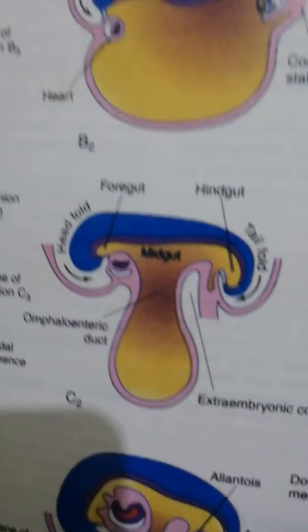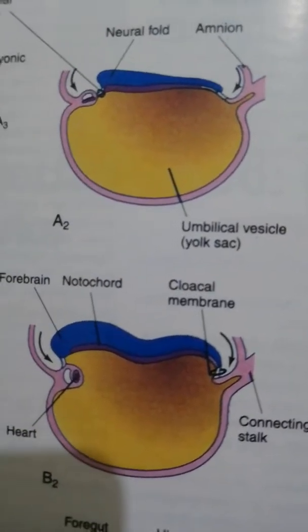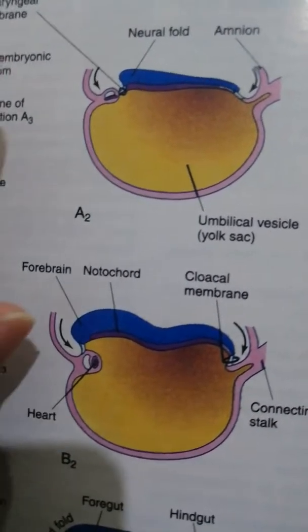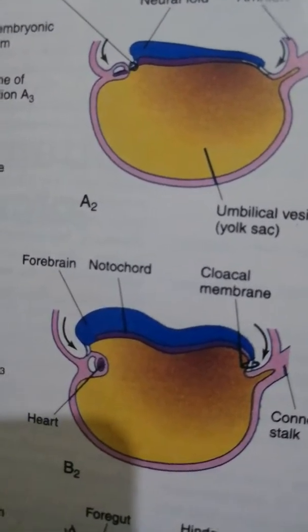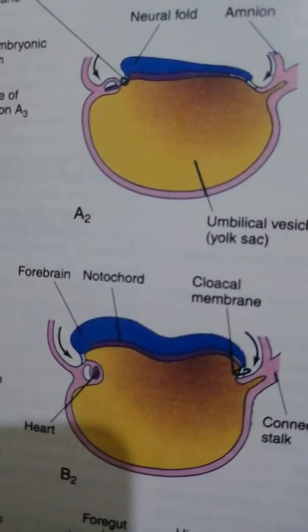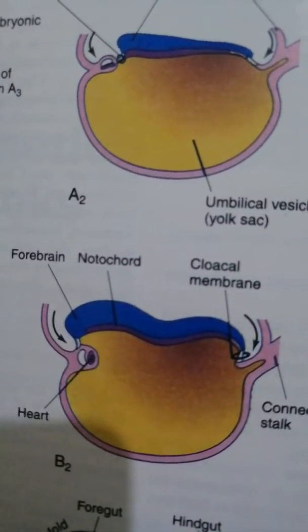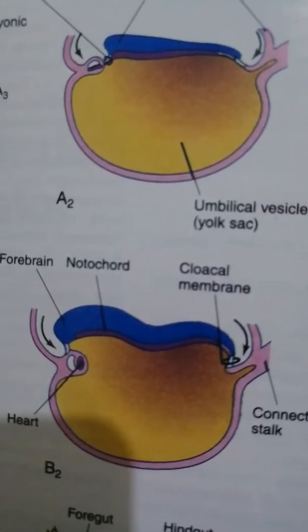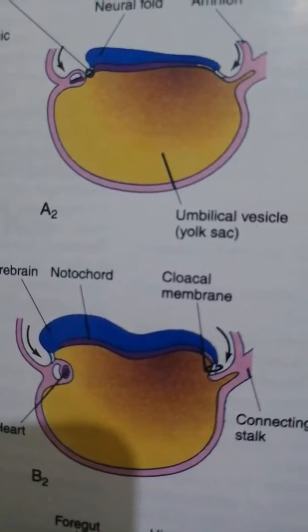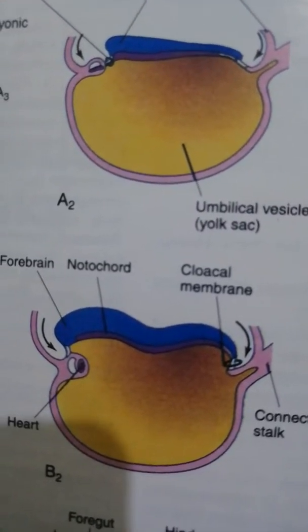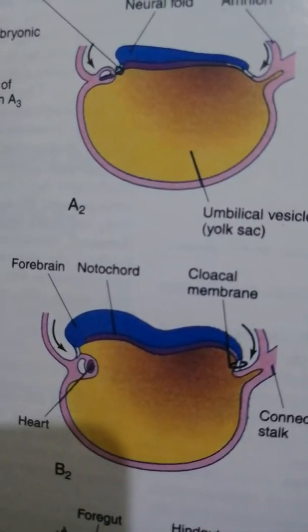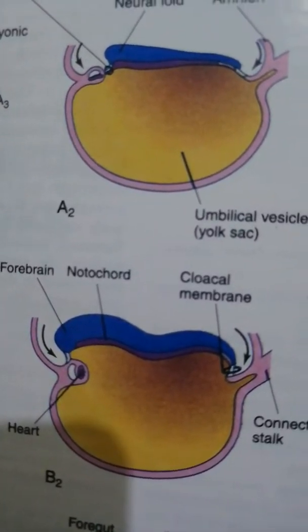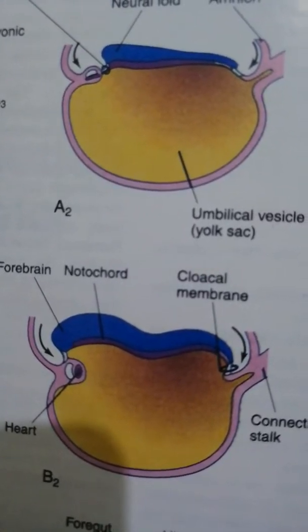Now if we go step by step in a way that you can easily reproduce it in an exam, you write the head fold, which is a part of folding in the median plane. It basically forms because of growth of the developing brain, or you can say the growth of the developing forebrain.